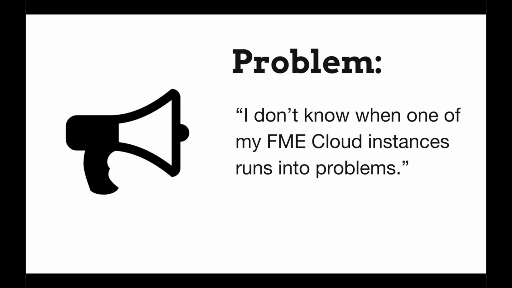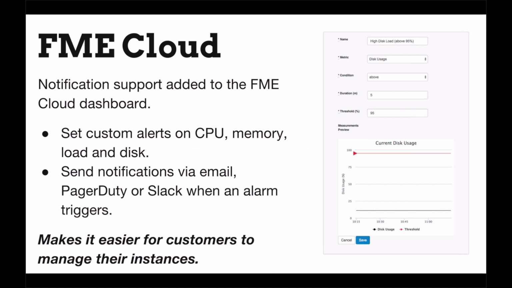Okay, so another problem is users don't know when one of their FME Cloud instances runs into problems. Maybe you have an FME instance that you've launched, and you're not sitting there watching it all the time, and the services it provides are getting more and more popular, so the load on the server is coming up.